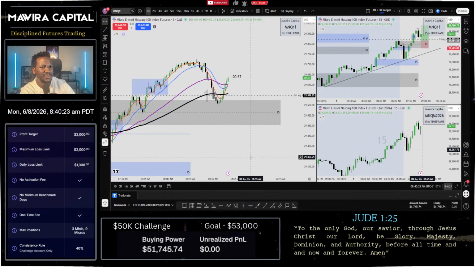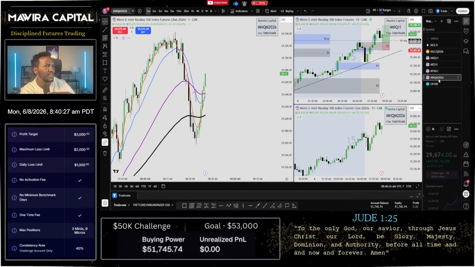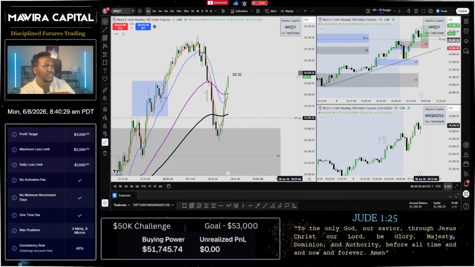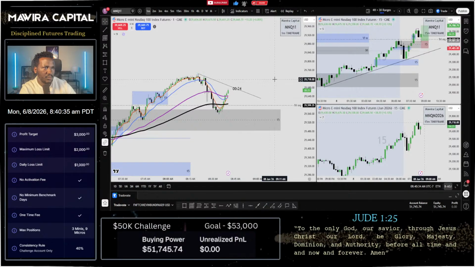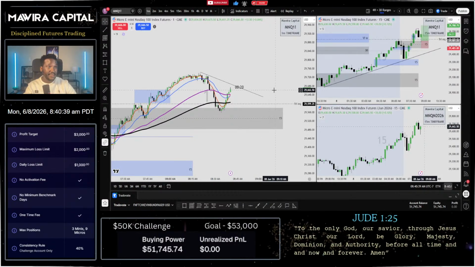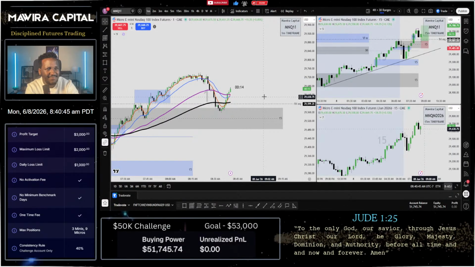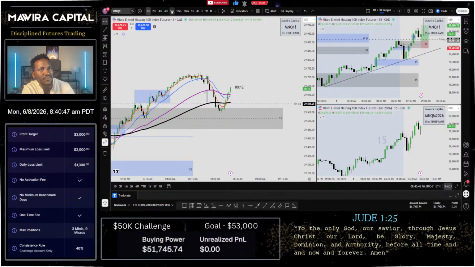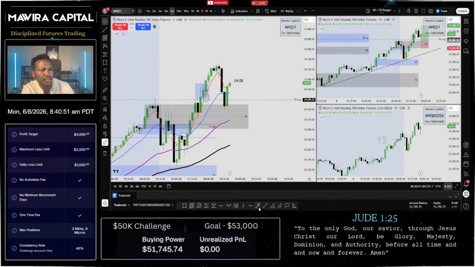How many times do I have to draw that trend line, or where am I? Oh yeah, line up again. That's why I'm... formed a new order block on the 5-minute right here.